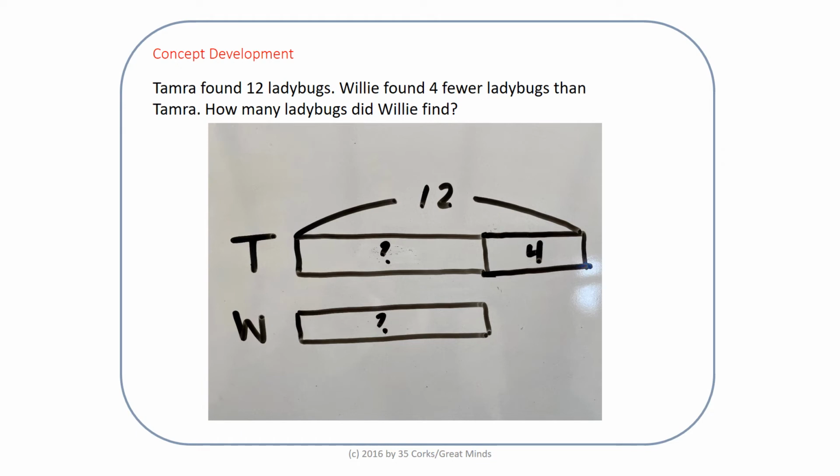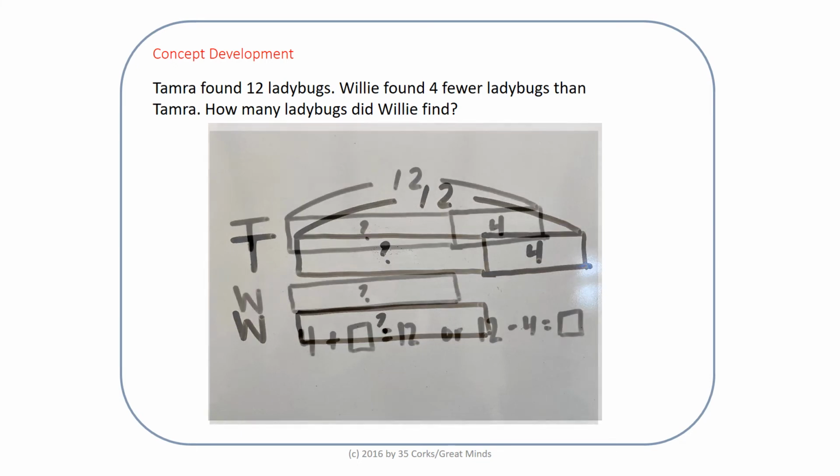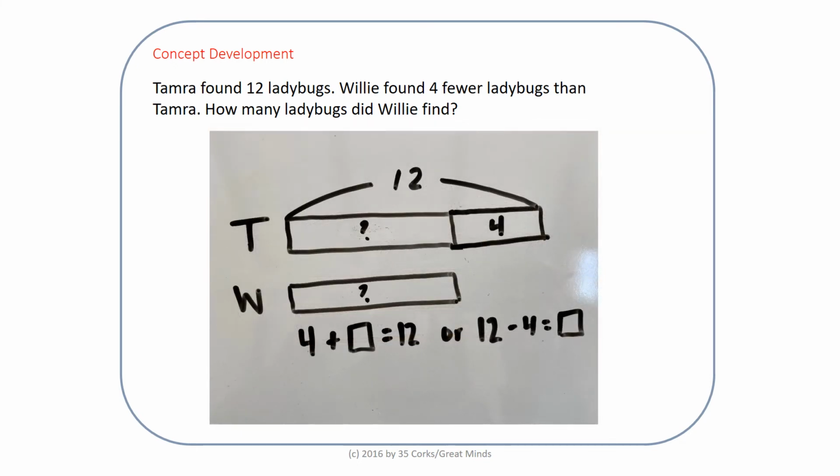So I put a question mark in both of these because they're equal size, which means it's going to be the same number, and I need to find what goes in there. So how can we find this missing part of Tamara's tape? We can use what we know in Tamara's tape diagram.